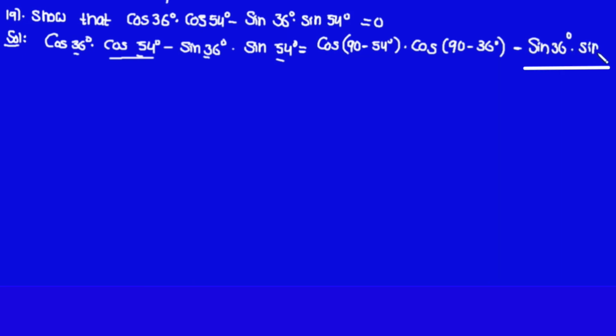Here we have not changed this part. We know that cos of 90 minus theta is equal to sin theta. So cos of 90 minus 54 degrees can be written as sin 54 degrees. In the same way, cos of 90 minus 36 degrees can be written as sin 36 degrees, minus the remaining part sin 36 degrees multiplied by sin 54 degrees.